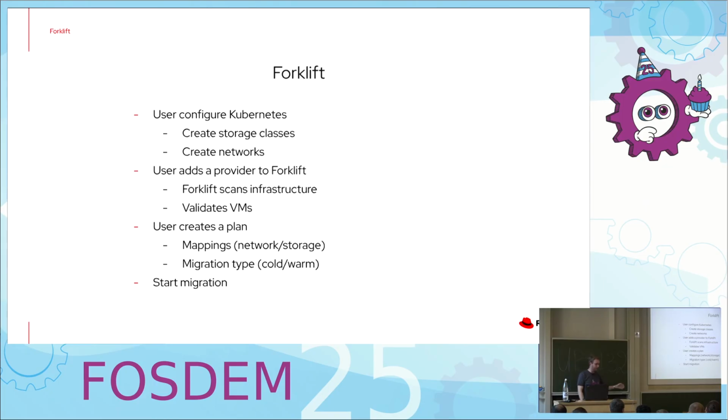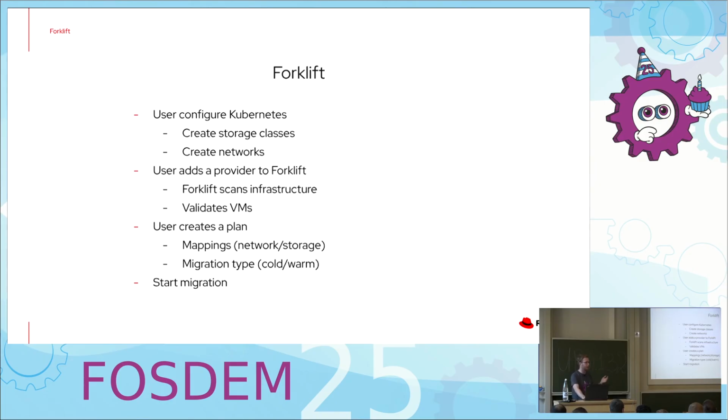We have some projects and some POCs to do it for you, but nothing concrete yet. So the administrators need to go and create the storage classes. And they need to create the networking. The system administrators know them the best, so we are relying on them.